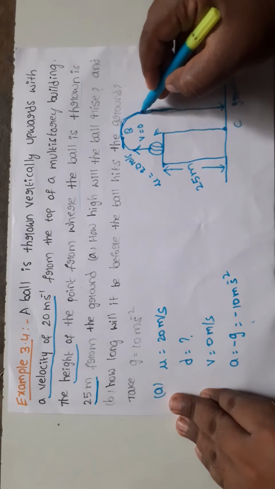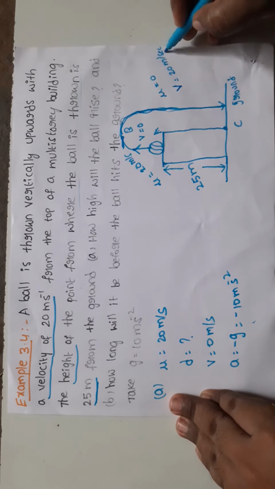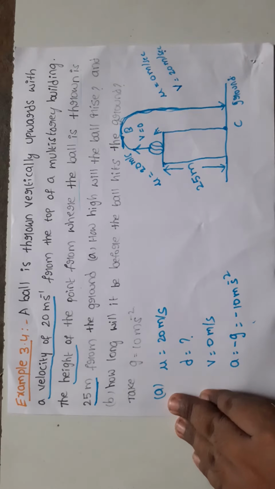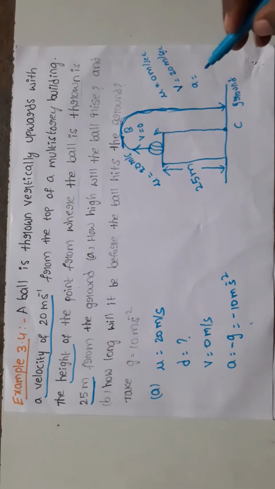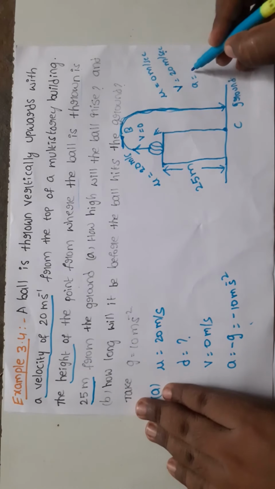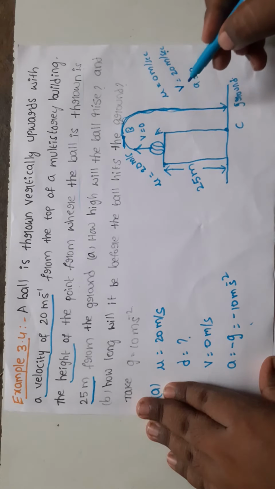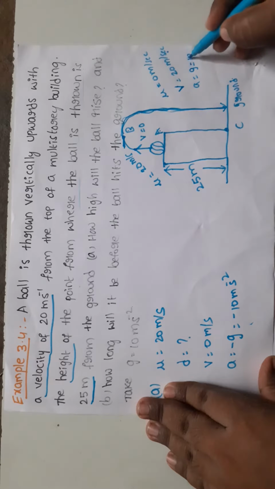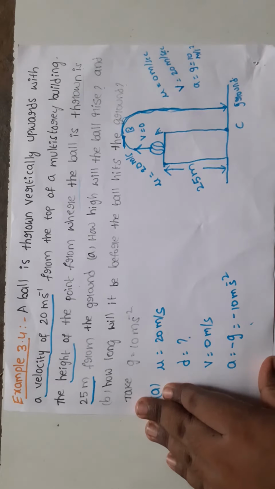B to C, it is in continuous motion, so final velocity 20 meter per second, initial velocity 0 meter per second. Acceleration a equal to g, because acceleration acts in the downward direction, so positive value, so a equal to 10 meter per second square.